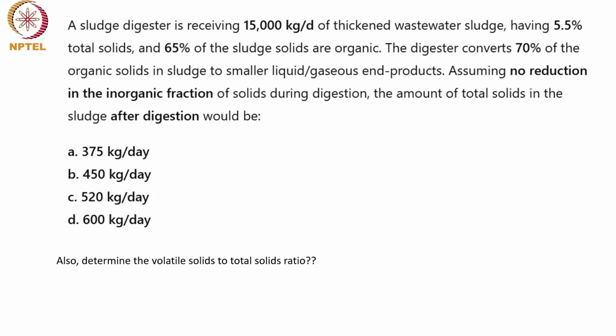Also 30% of the organics is not destroyed, so 30% is nothing but 1 minus 0.7 into your organic fraction, 0.65. Entire inorganics will remain the same, and in organics 70% will be destroyed and the remaining 30% will be present in the sludge. That's how I have written it. It's basically just the logic, nothing huge. If you solve this, you will get 450 kg per day.